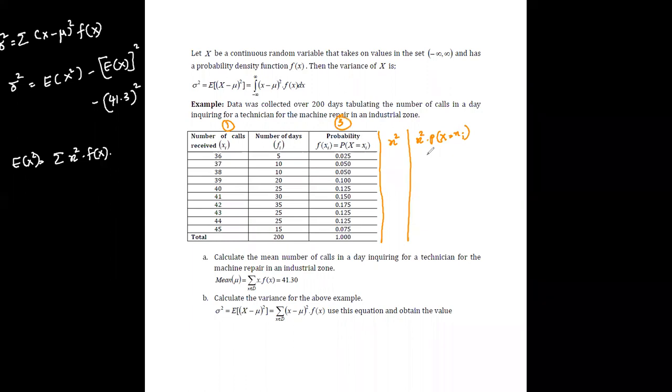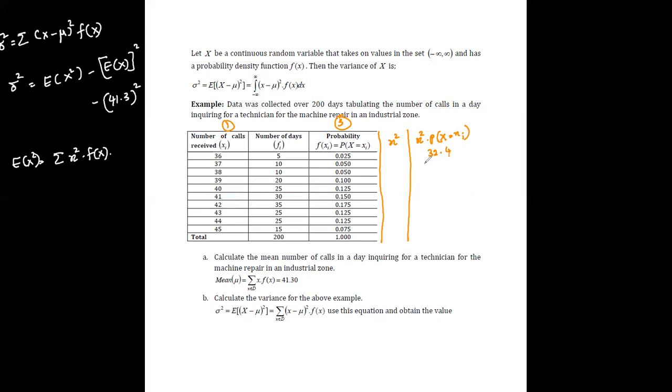As an example, for the first row, you have to square 36, it means 36 into 36, and then multiply it with 5 divided by 200. If you perform this calculation, you will get 32.4 in the first row.